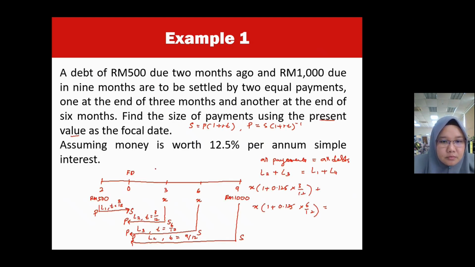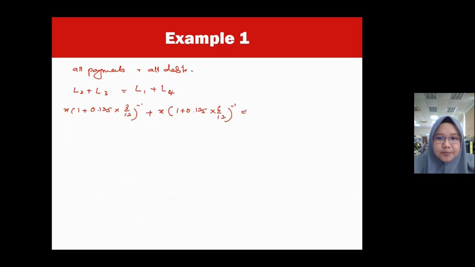For line 1, you want to find the value of S, where we know that the value of P is 500. So we will use the simple amount formula. P is 500, multiplied by (1 + 0.125 multiplied by 2 over 12).